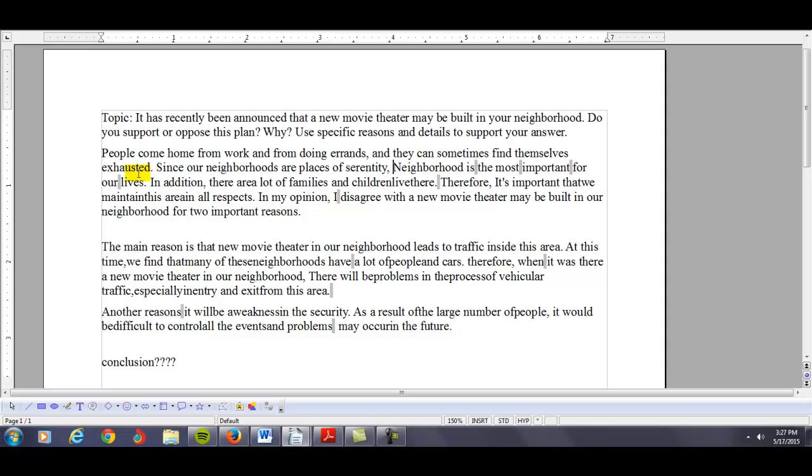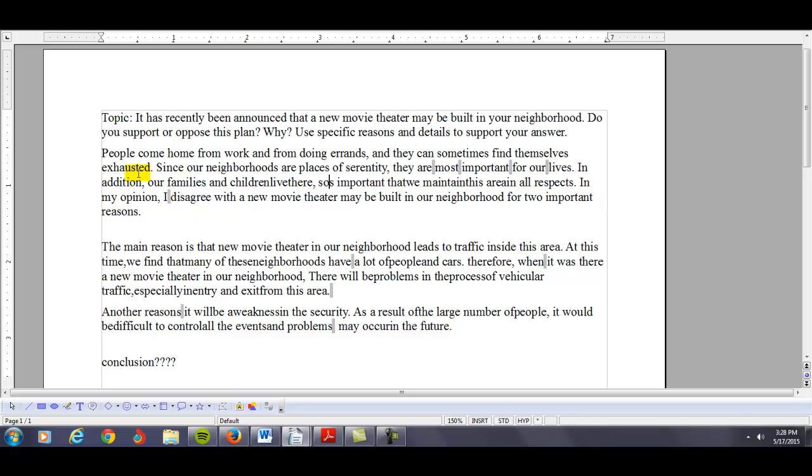So since our neighborhoods are places of serenity, they're important for our lives. You can put our families and children live there. Combine these 2 sentences together so you don't have those 2 shorter.